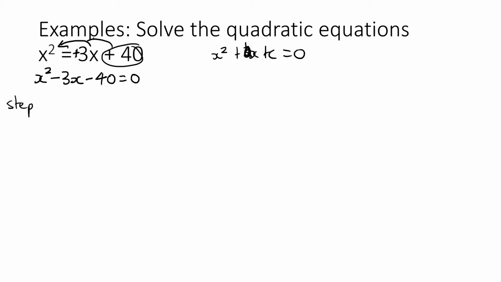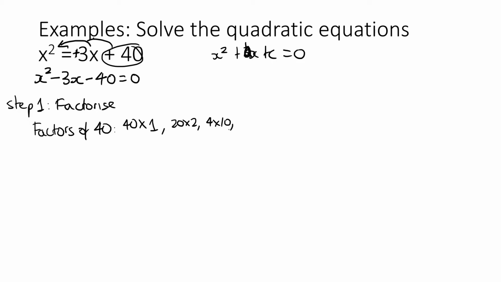So then we do our step 1. Factorize our quadratic. First step, factors of 40. What times what makes 40? 40 times 1, 20 times 2, 4 times 10, you get 5 times 8 as well.